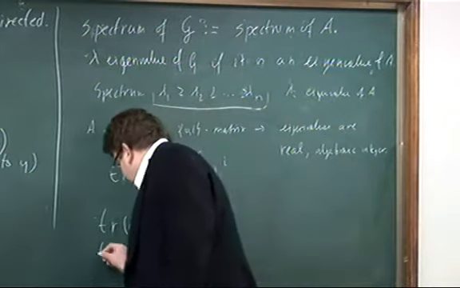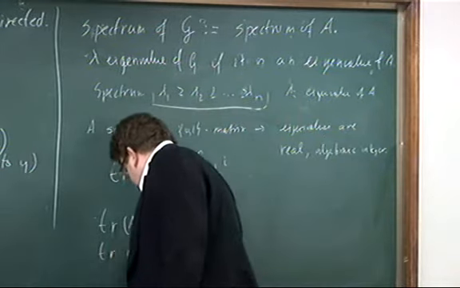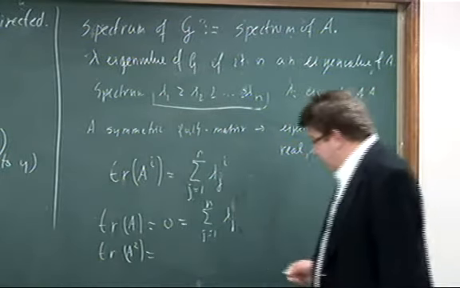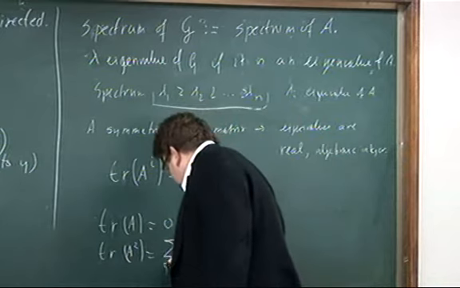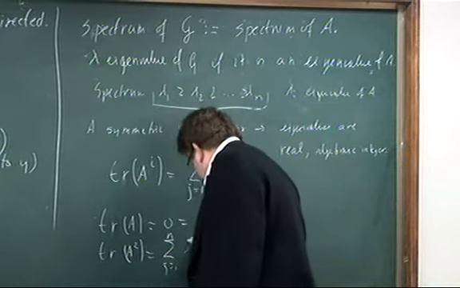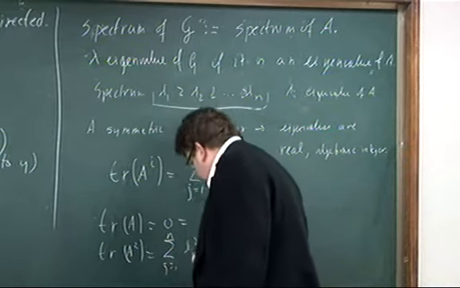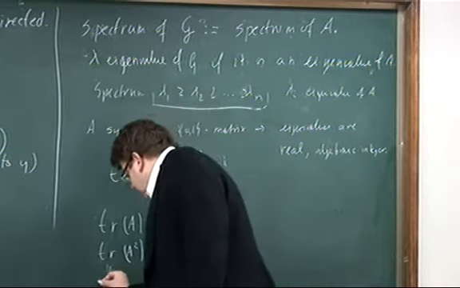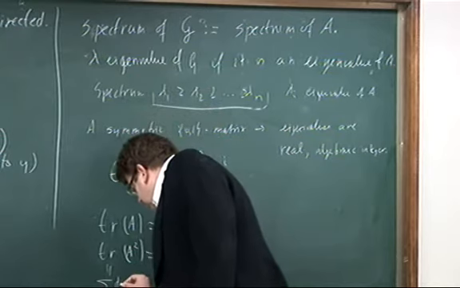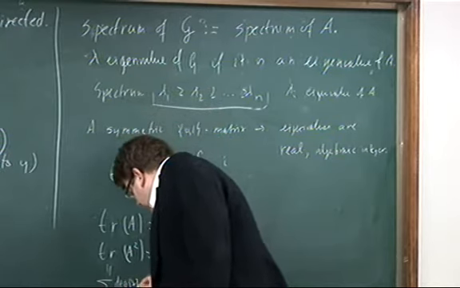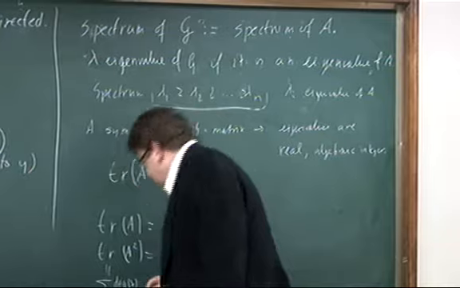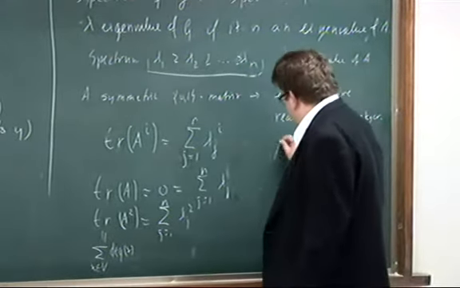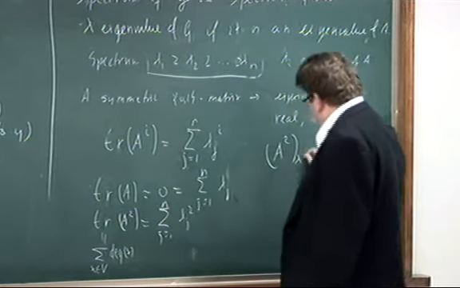What is the trace of A squared? You can say that is the sum, j is 1 to n, of lambda j squared. But on the other hand, this is the sum of the degree of x, where x is in V. Because what is A squared (x,x)?